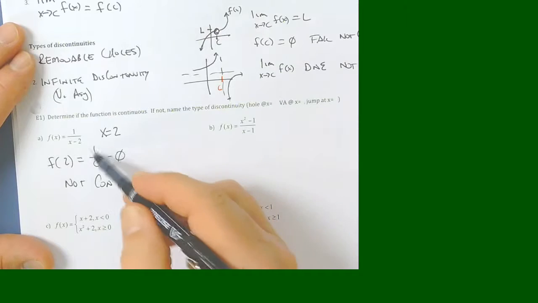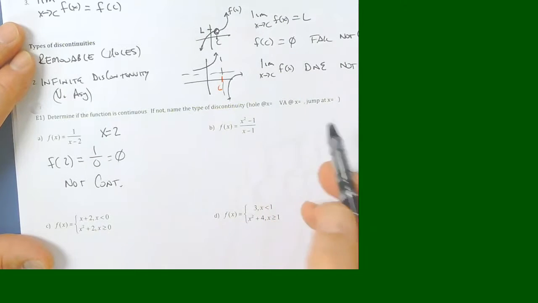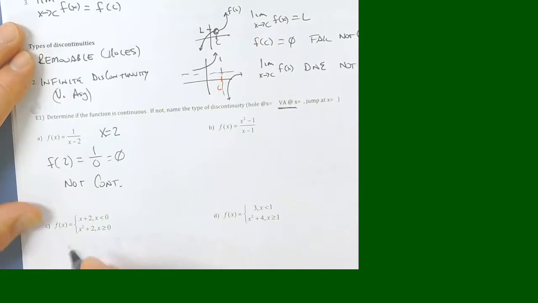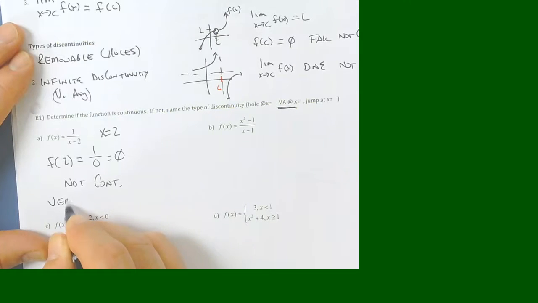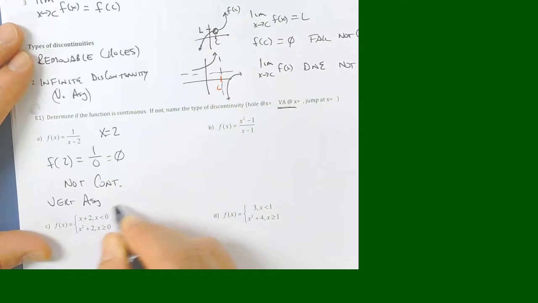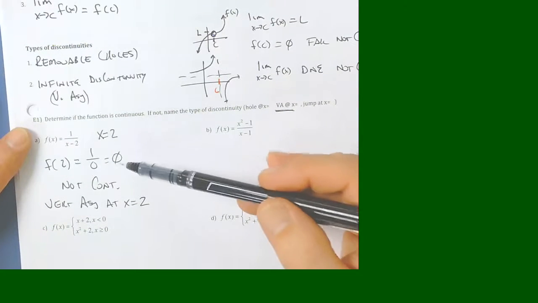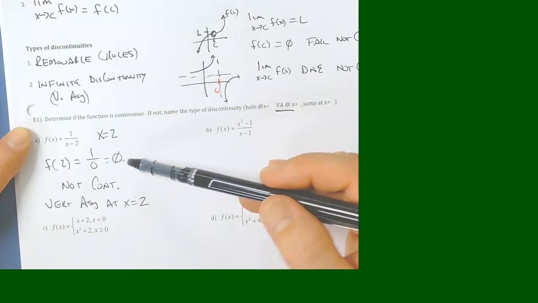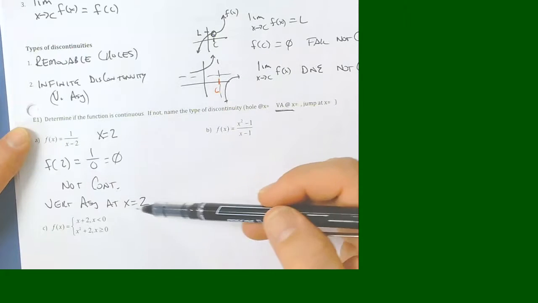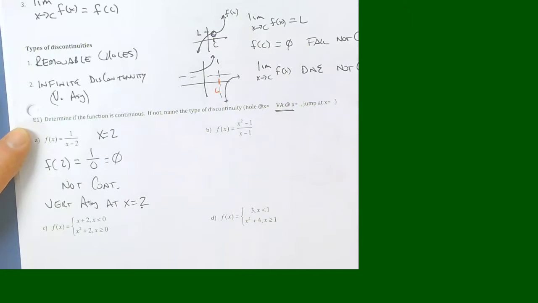We know a number over 0 is an infinite discontinuity, also known as a vertical asymptote, and it's at x equals 2. So our discontinuity happens where we are not continuous. It's at 2, and it's a vertical asymptote.